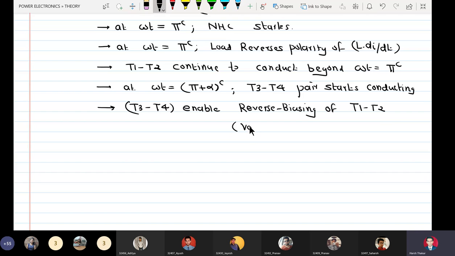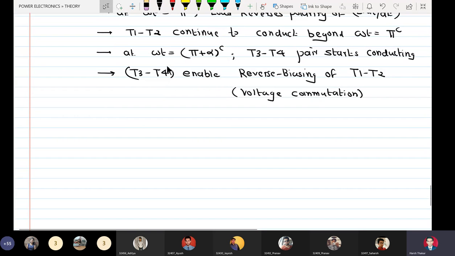It is also known as voltage commutation. Whenever we commutate an SCR by applying a reverse voltage and reverse biasing it, it is called voltage commutation. And if we reduce the anode current of an SCR below the holding current value, it is called current commutation. Okay, so T3 T4 enable reverse biasing of T1 and T2. So T1 and T2 will commutate at pi plus alpha.